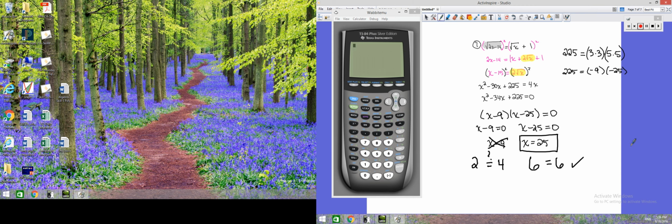This x equals 9 was extraneous. x will not equal 9. I don't know why on the other day's solution set I put x not equal to 9. Maybe I just should have made the comment, note that this is extraneous. That's what I intended, what I was trying to imply, but I don't think I did a very good job implying it with those mathematical symbols of not equal to.